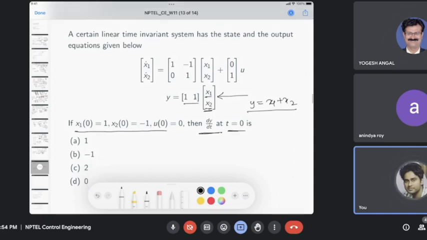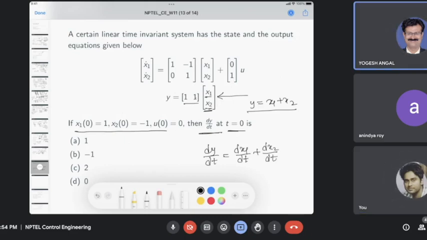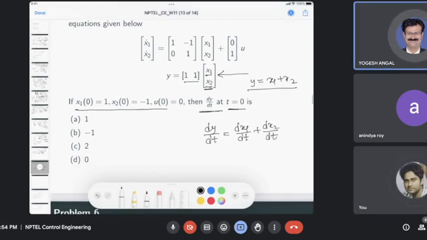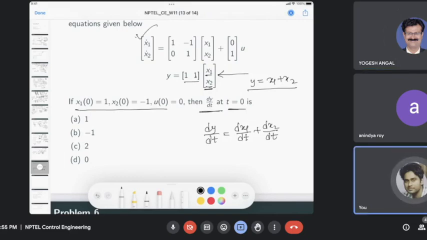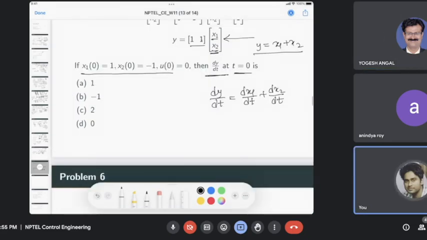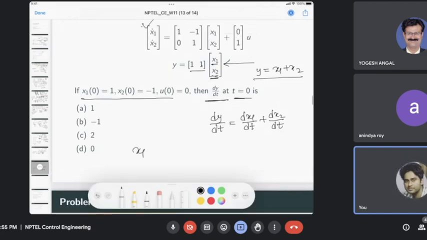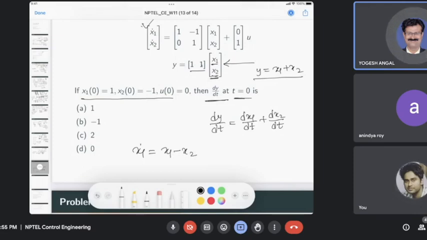Then dy by dt is dx1 by dt plus dx2 by dt, that is, x1 dot and x2 dot. From the state equation, x1 dot is x1 minus x2 and x2 dot is x2 plus u.